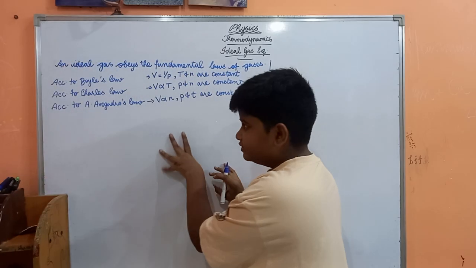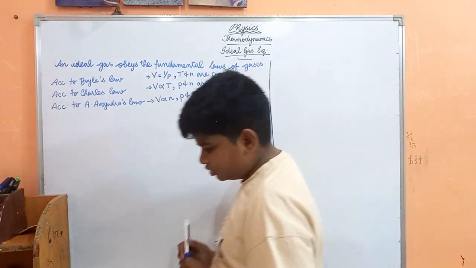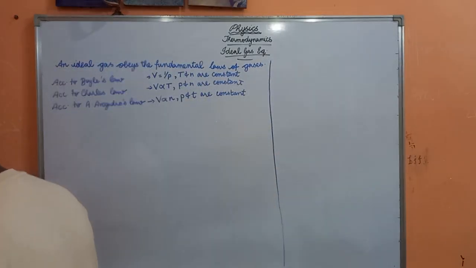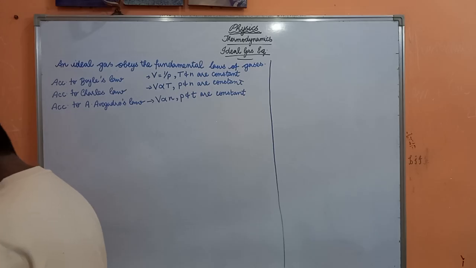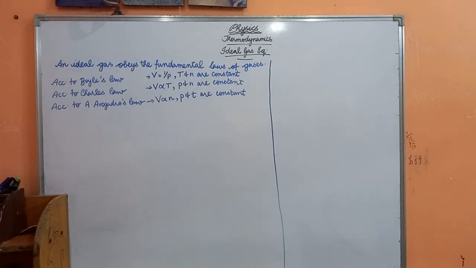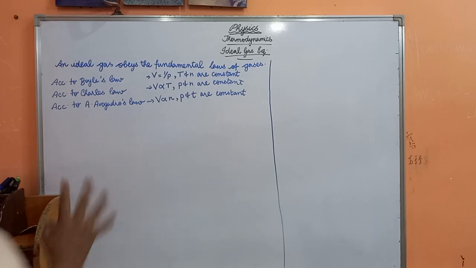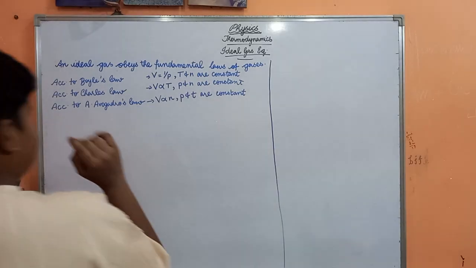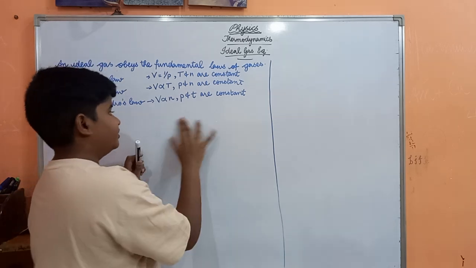So guys, all of these laws talk about volume and volume only. So let's check. Yes, PV is constant, or V by T is constant, or V by N is constant.